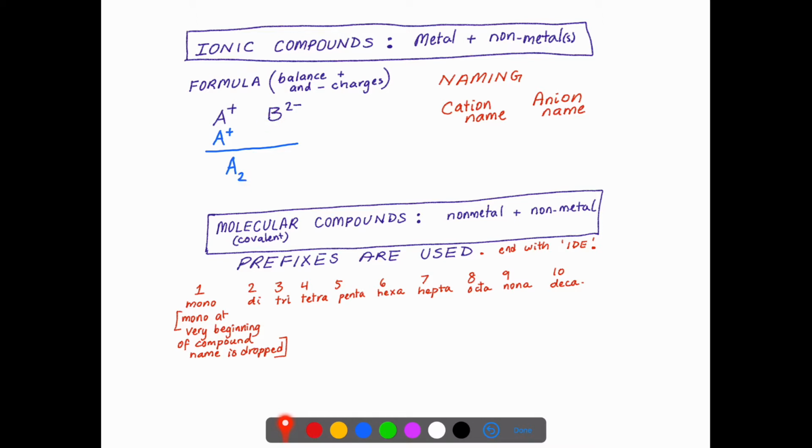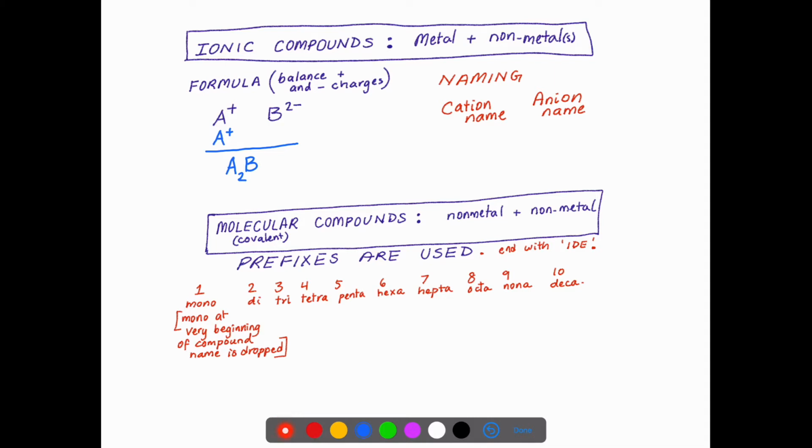And we have one B, so that B will be only 1 in the formula. You can actually drop that 1. It's dropped when you write the formula. So A2B will be the formula of this compound. An ionic compound containing A+ and B2- will be A2B. For every one B, you will have two A's in that compound. Okay?